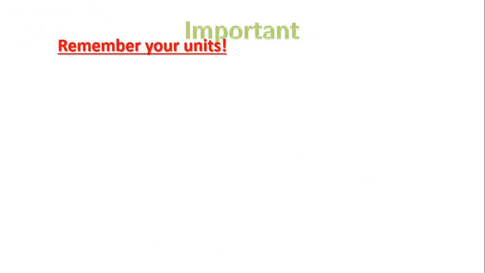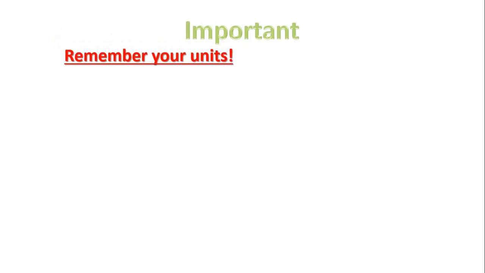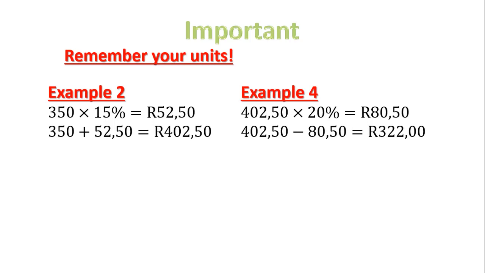So very important, remember your units. Let's look at example 2 and example 4. If you see at the beginning of example 2, I don't have any units. Likewise, when I'm adding my 52 Rand 50, I don't have units. If we look at example 4, in front of my 402 Rand 50, I don't have any units.